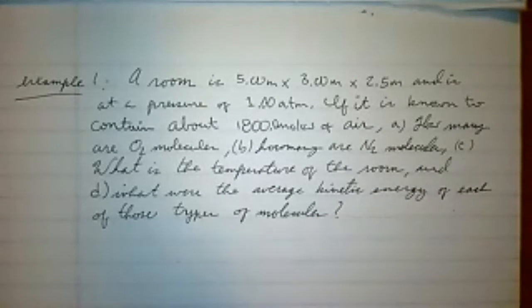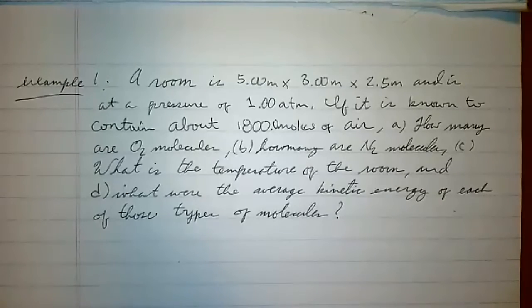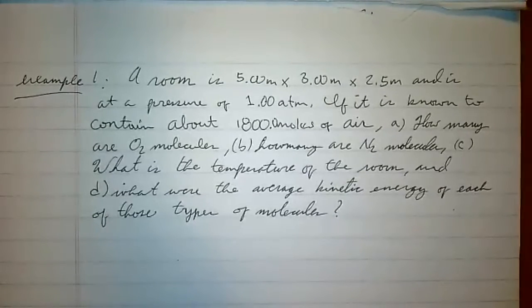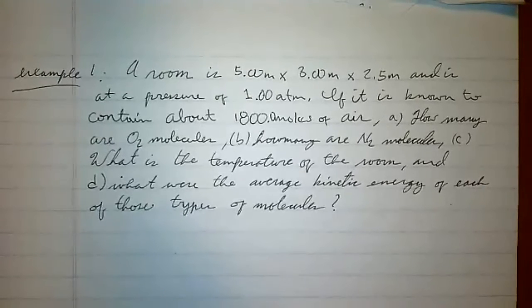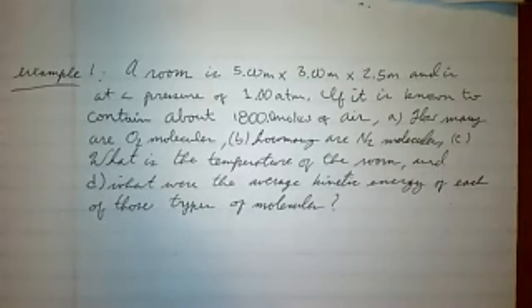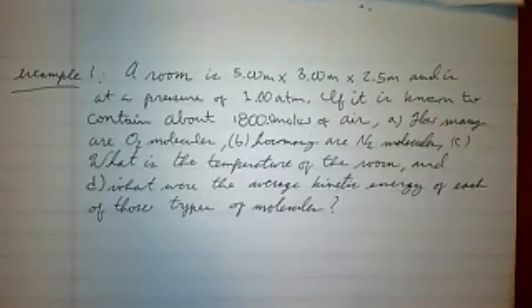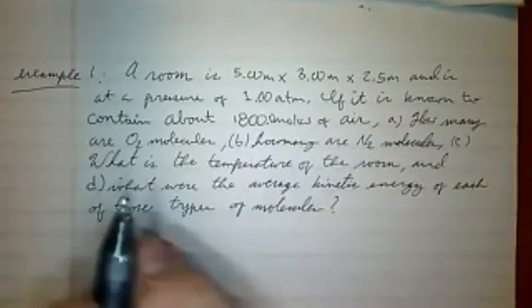Okay. Does that make sense to everyone? What we're going to do there? All right. So what we know here is we have, in principle, a volume. We have a pressure.